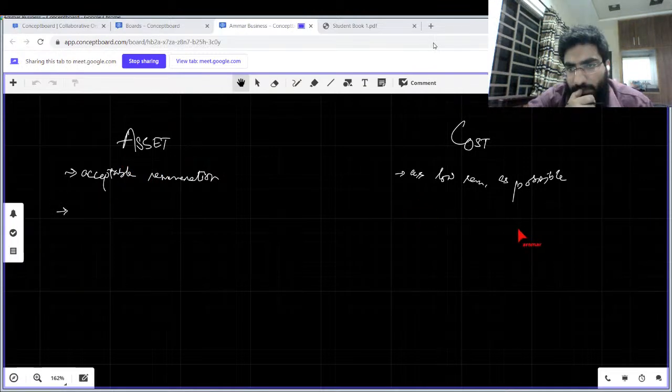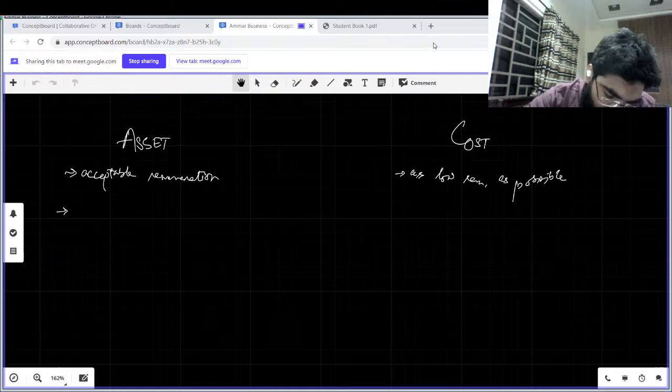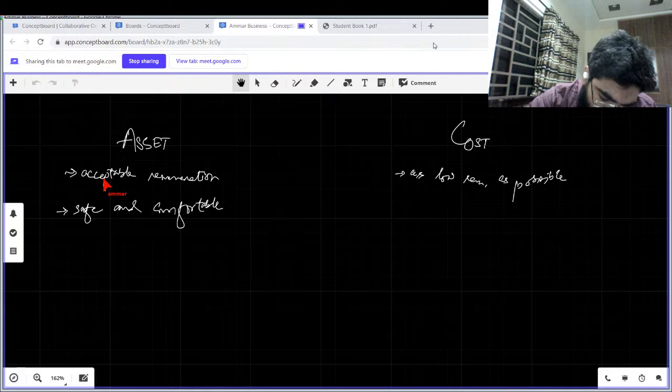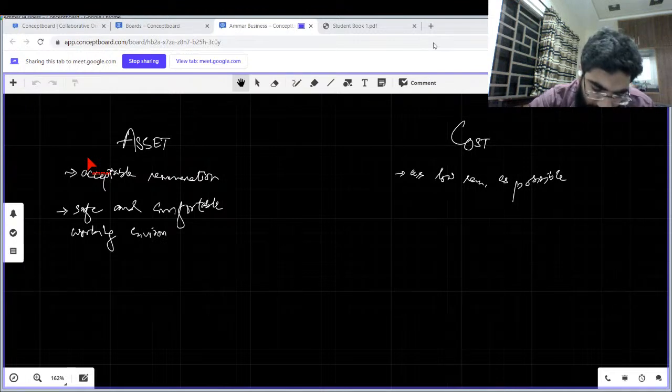Safe and comfortable working environment. They'll make sure that employees, while they're working, feel safe at work.